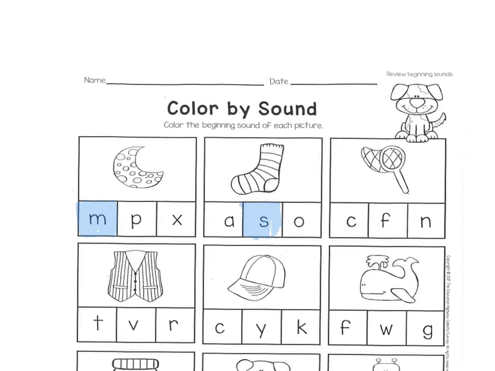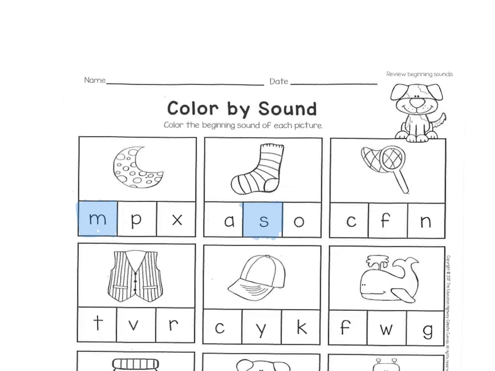Okay, sock starts with the letter S. Okay, remember, we are only working with the beginning sound. Okay, so it does not start with O, it starts with the letter S. Okay, even though there is an O in that word, we have to work with the first sound that we hear. S, A, K.